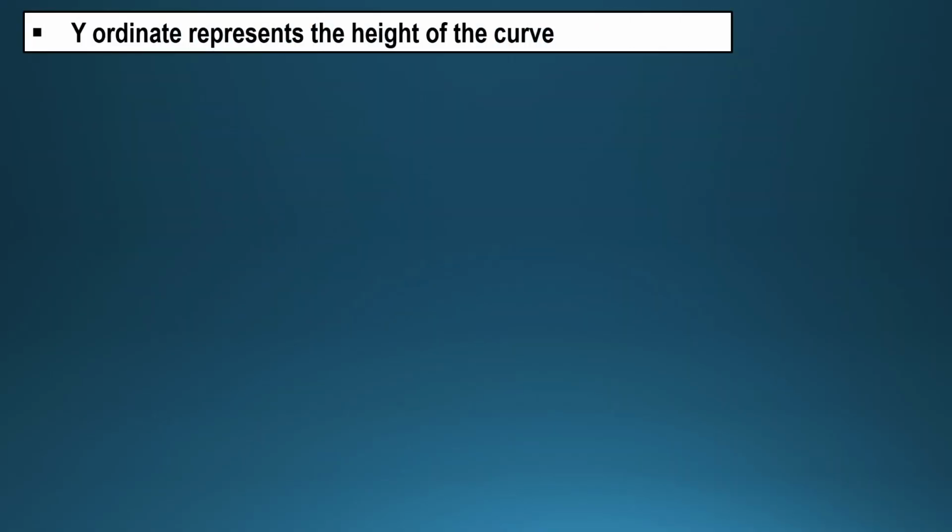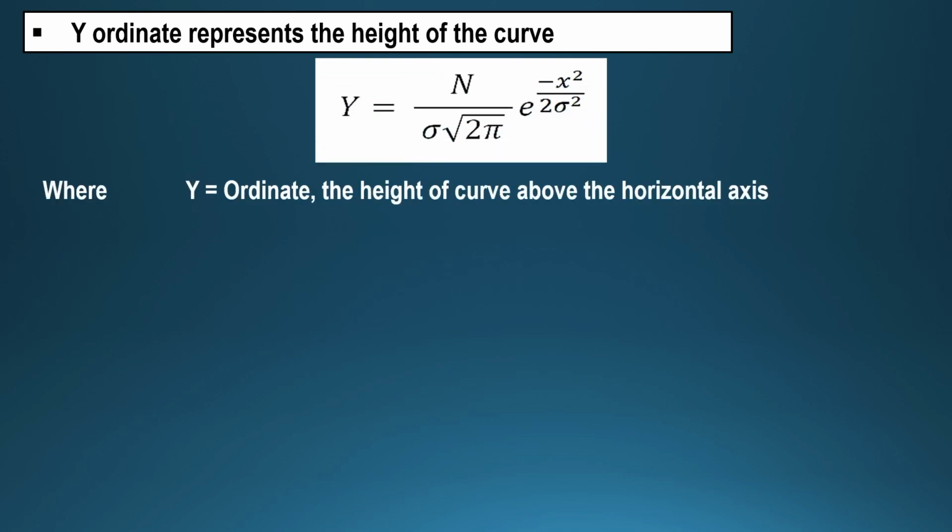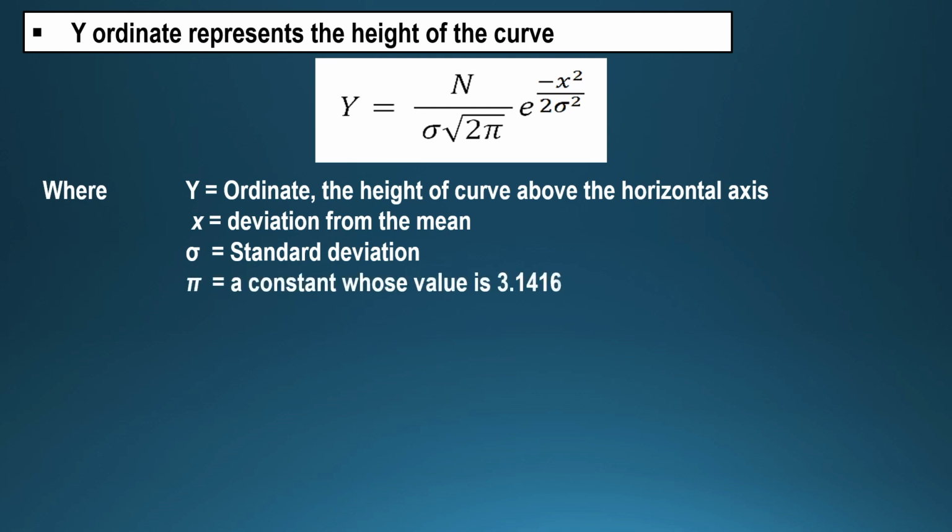Y ordinate represents the height of the curve, and it can be calculated by the given formula where y is the ordinate, the height of the curve above the horizontal axis, x represents the deviation from the mean, sigma represents the standard deviation, and pi is a constant having a value of 3.14, and e is also a constant with a value of 2.718.